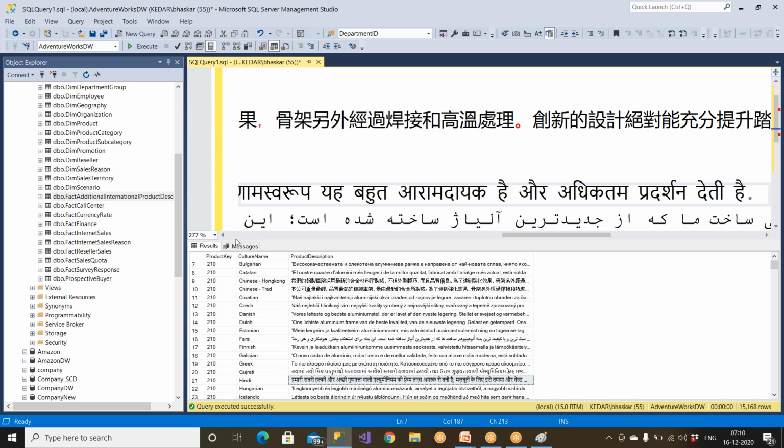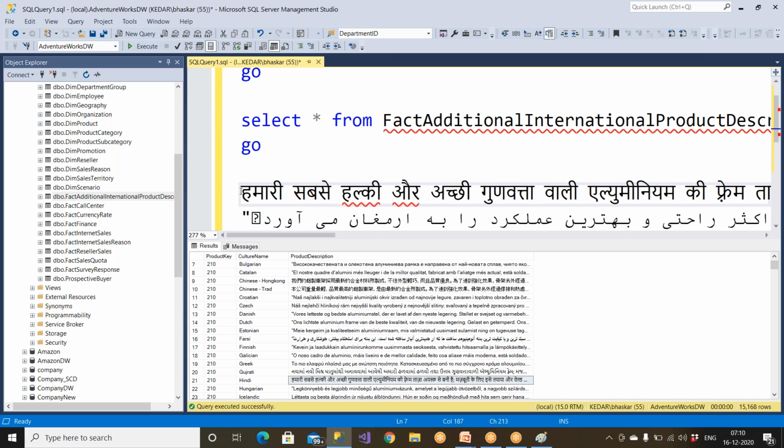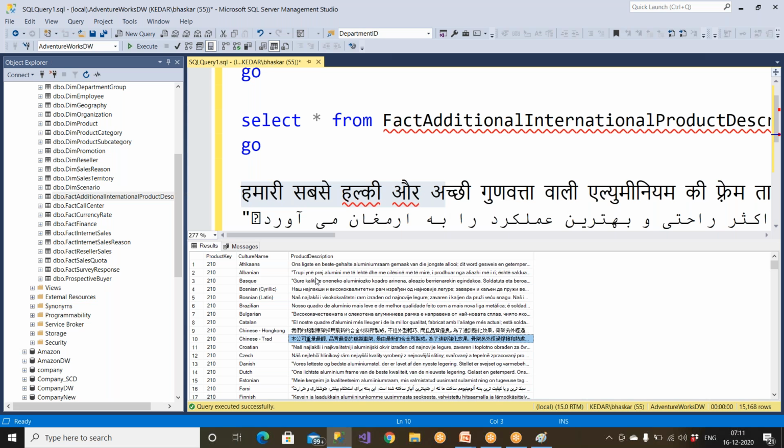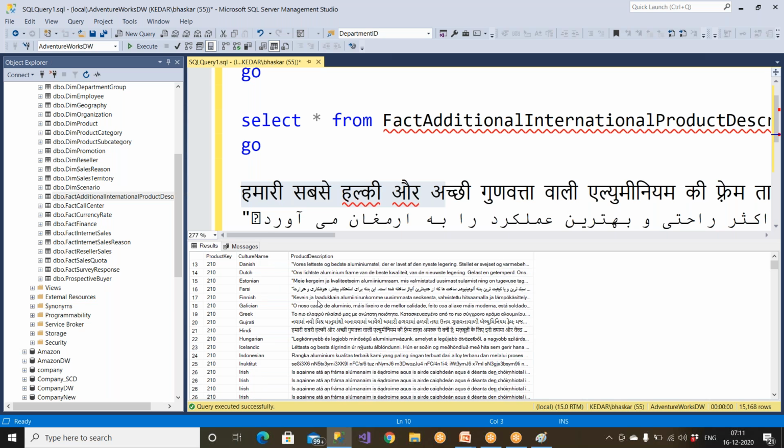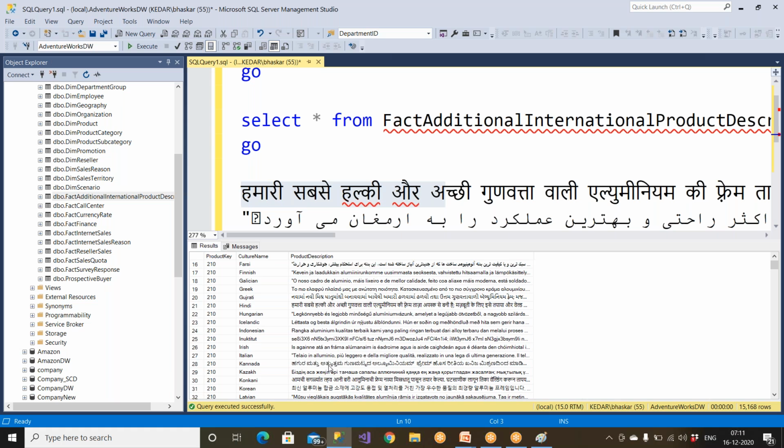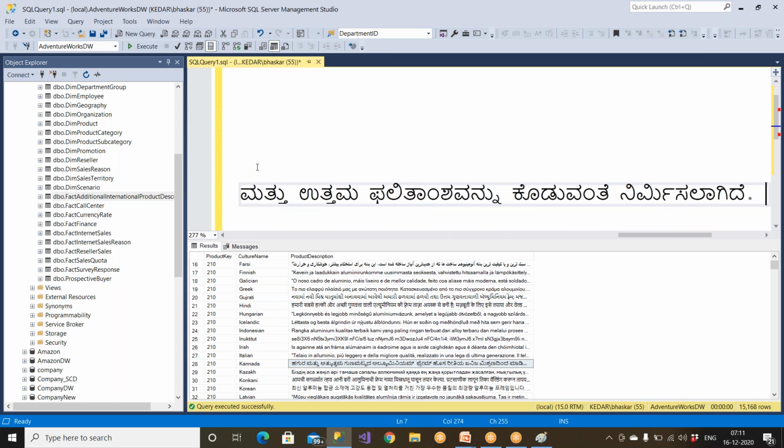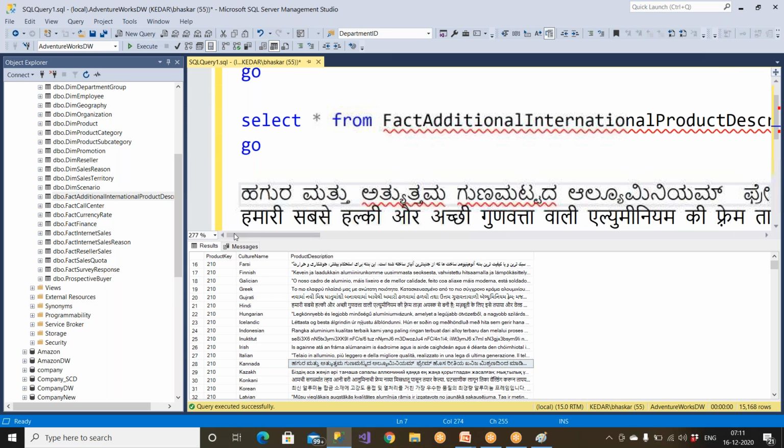I did not create this database, it was created by Microsoft. Clear? They wanted to show you how to store data in other languages, including English. If you see, this is English, I think. Somewhere you have English data as well. So you can have English, you can have Chinese, and see now, it is one more language from India, right?